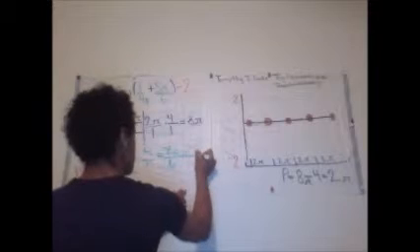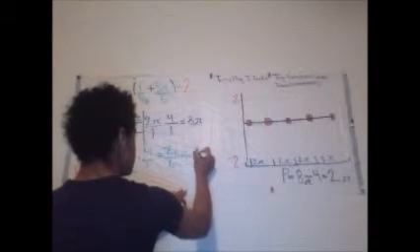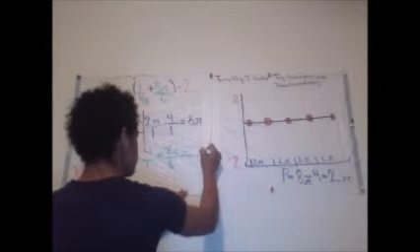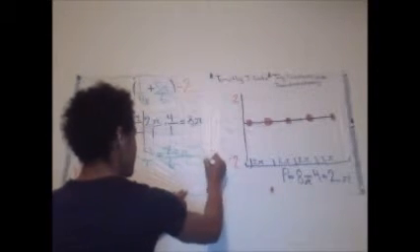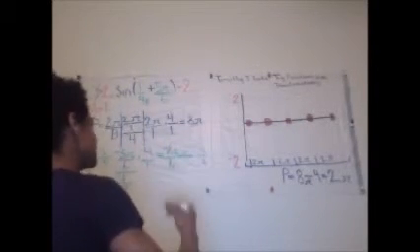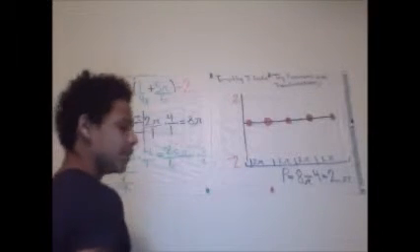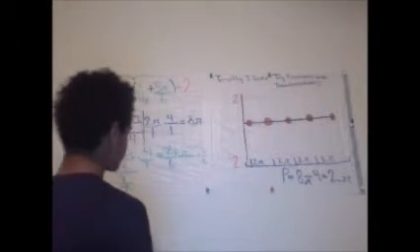Okay, so we're going to divide by 2, top and bottom, numerator and denominator. And what is that going to equal?